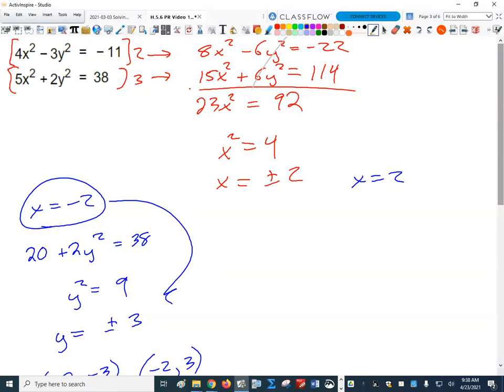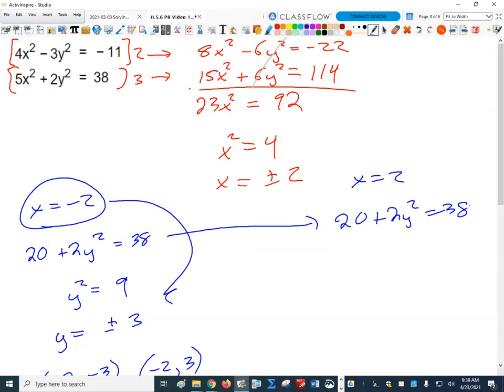Okay, everybody get that? The bottom equation, we could say, is insensitive to the sign of x. That's how we say that in math, because the x is being squared, right? So whether x is positive or negative, it's not going to change the outcome, is it? When I plug in -2, I'm getting exactly that same equation, right? I'm getting 5 times -2 squared is also 20, plus 2y squared equals 38.